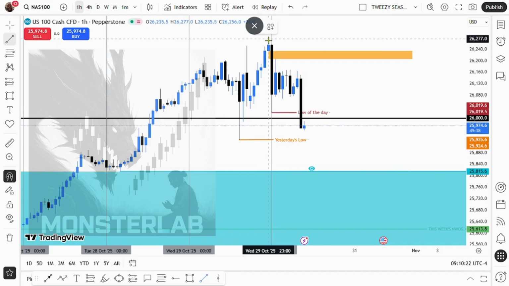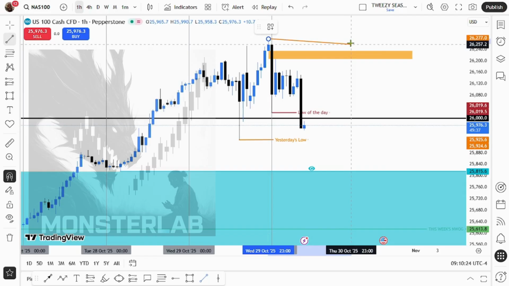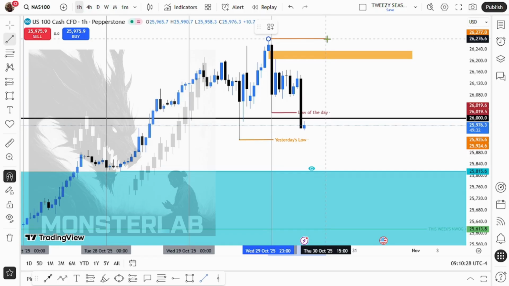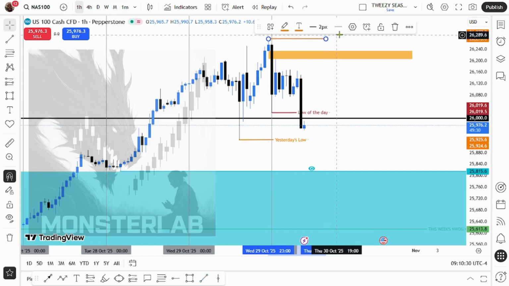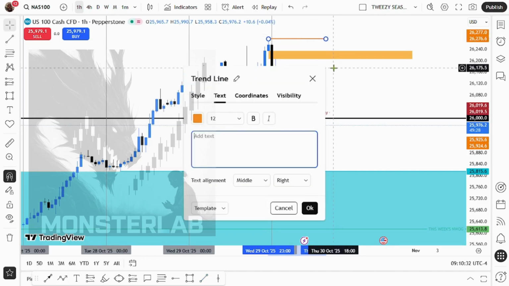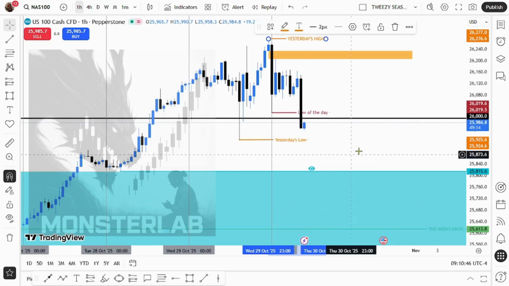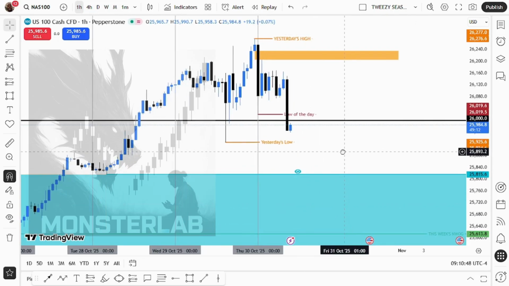For example, as you can see here, we have 26,000.0, so that's a major number. We should be looking at that. I was watching it on Monday, when we went above it and consolidated. Now today we are going below it. We have yesterday's high over here.